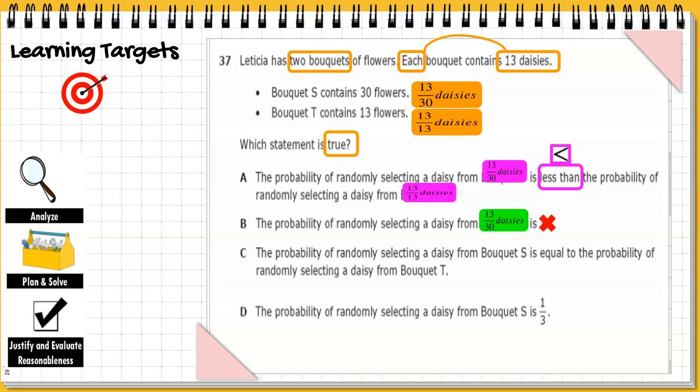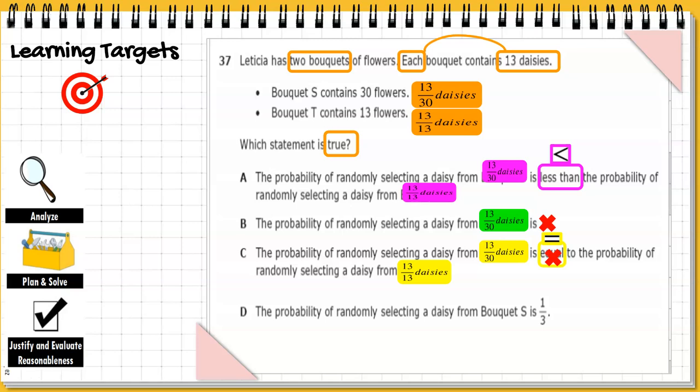So I'm going to go ahead and put the X on 1 because it's not 1. C. The probability of randomly selecting a daisy from bouquet S is equal to the probability of randomly selecting a daisy from bouquet T. So now I have to compare. Bouquet S, is it equal to bouquet T? So I put in there with my annotations, and no, they are not equal. So the word equal is what's wrong in that statement.